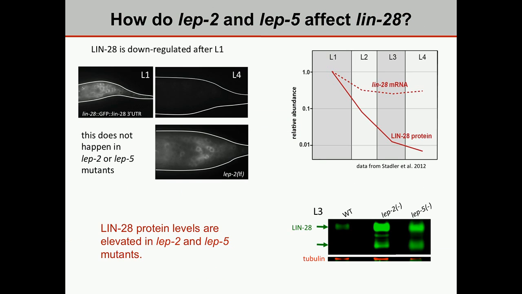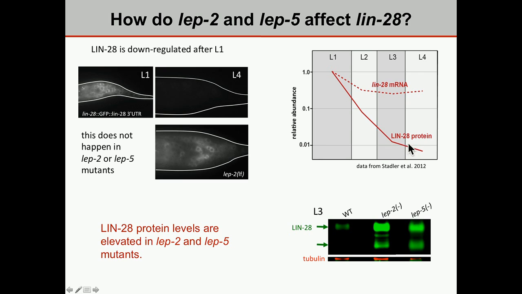So we wanted to know how LEP2 and LEP5 affect LIN-28, and for that we looked at the LIN-28 protein, with a reporter construct and with Western blot. In wild-type animals, LIN-28 is expressed in L1s and is then downregulated, which has been nicely quantified by Stadler et al.